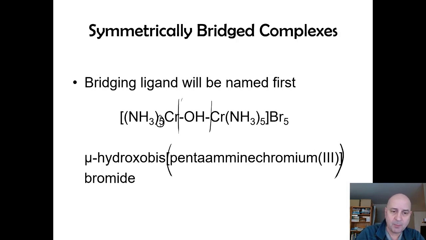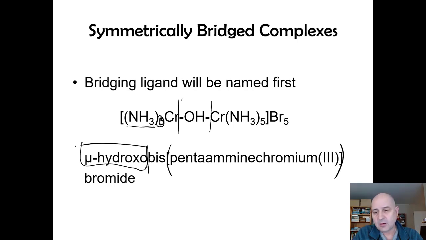So we have pentaamine chromium 3 that is bridged, 2 of them, so we just call that bis pentaamine chromium 3, and then before the bis bridged complex, we in the beginning say mu dash hydroxyl, indicating this hydroxyl group is bridging two coordination compounds that have the same chemical composition, and then space bromide.